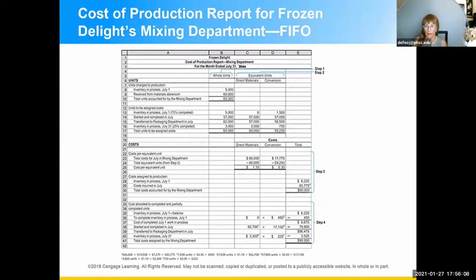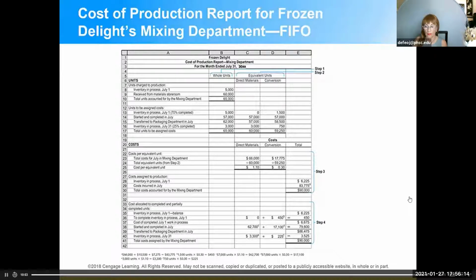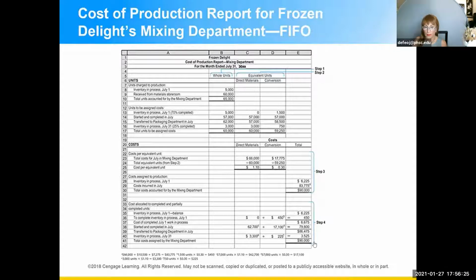The costs assigned to the goods transferred out to the packaging department were $86,475. The remaining cost of $3,525 was the cost assigned to the ending inventory for the mixing department as of July 31st.